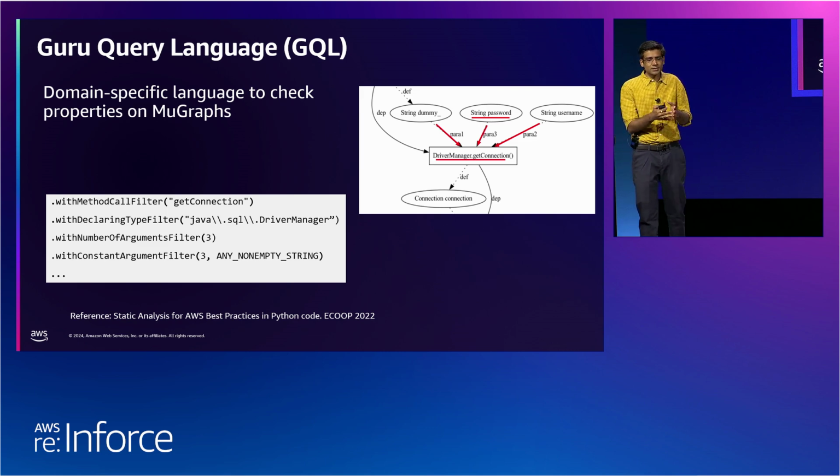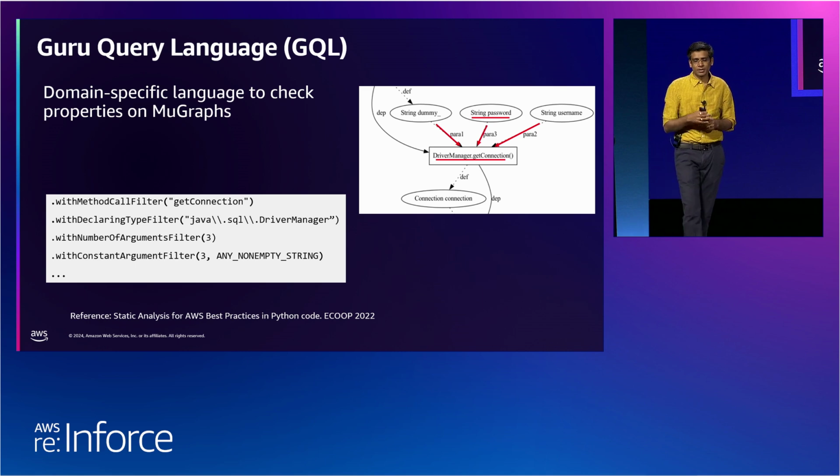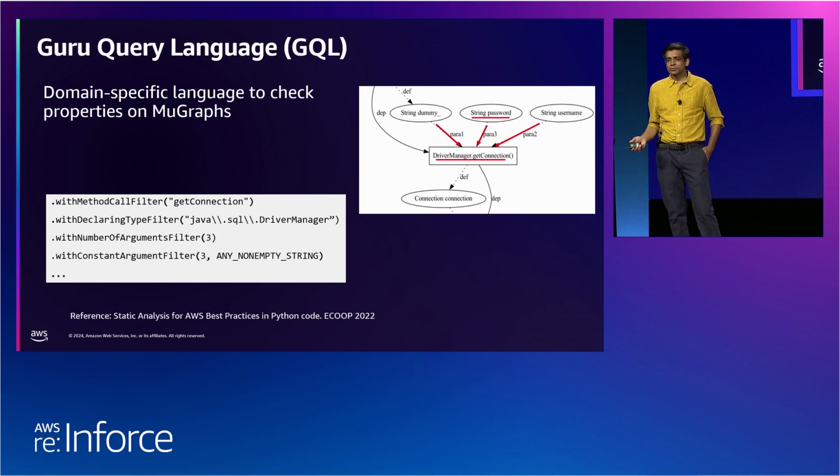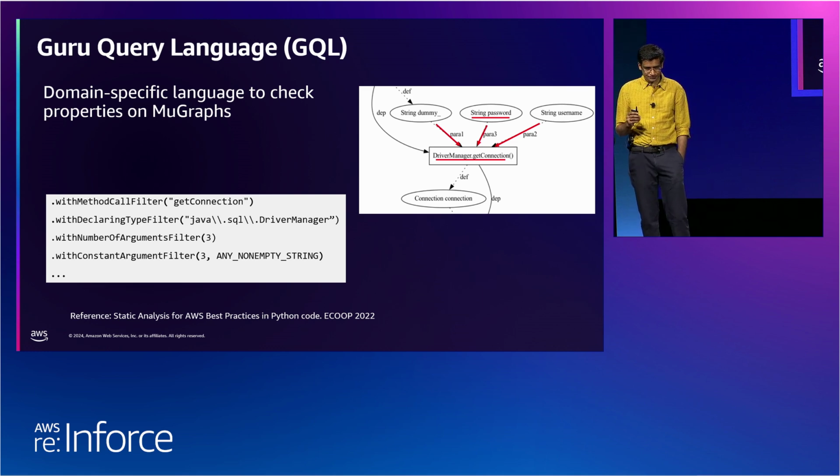As you can see, there is a lot of context that is going into this check. And further, this check is using a lot of the semantic information like types and constant propagation, data and control flow tracking that we've discussed before, that is present in the mu graph representation.